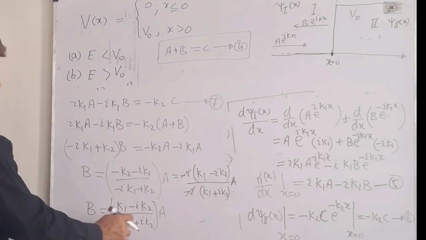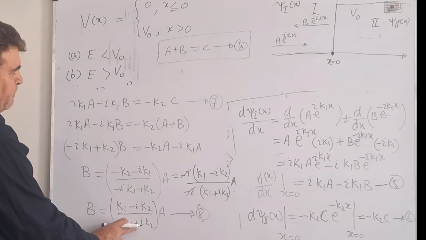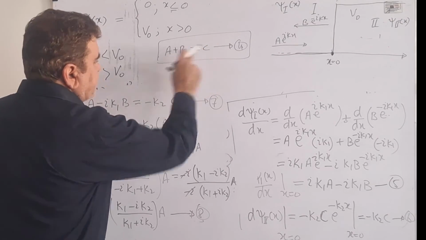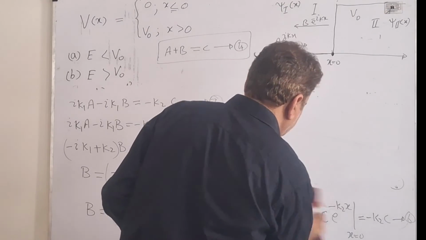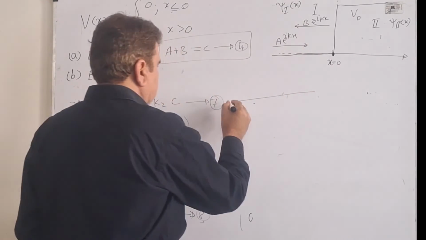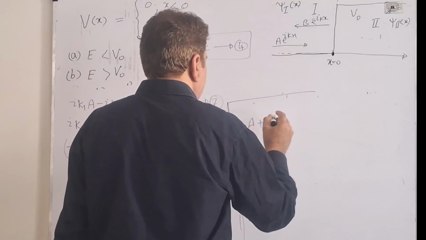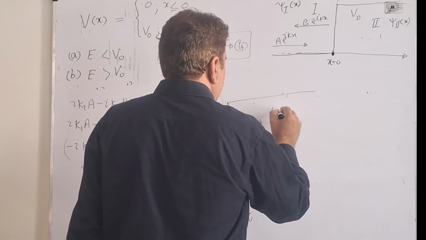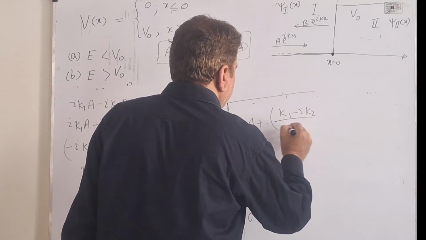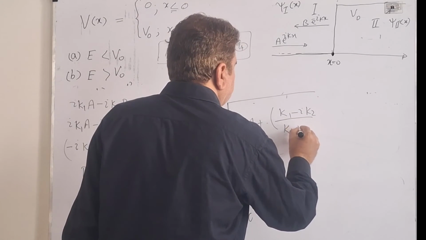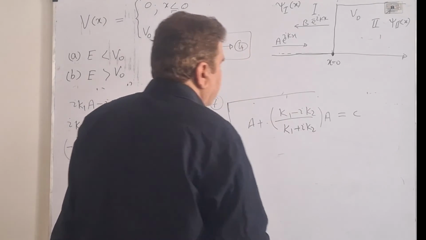And now, let me call this equation 8, now using this value of b in equation 4 to find c, I can do that over here. So I can write a plus k1 minus iota k2 divided by k1 plus iota k2 multiplied with a equals c.